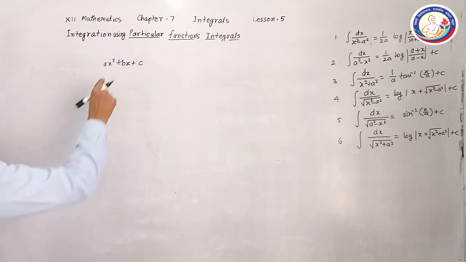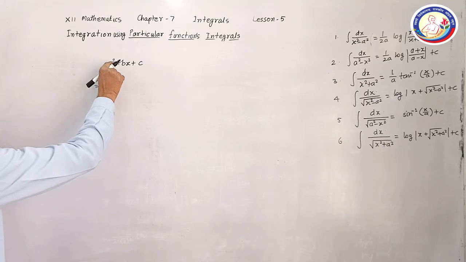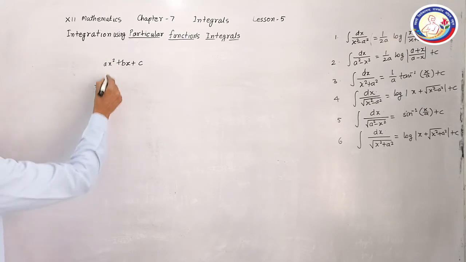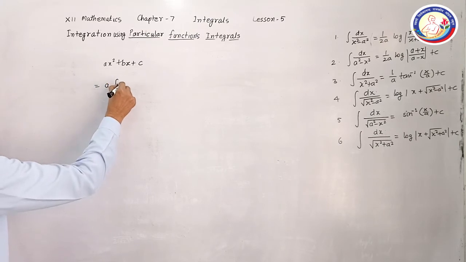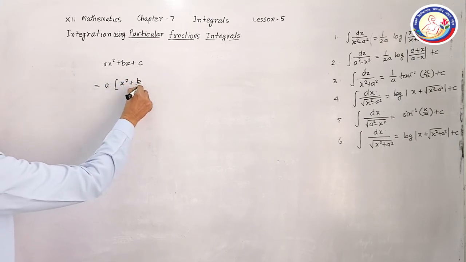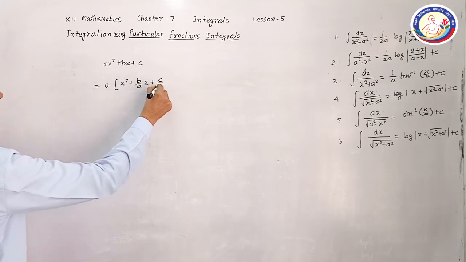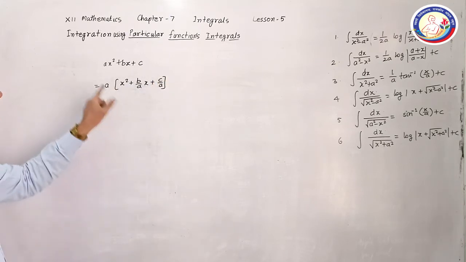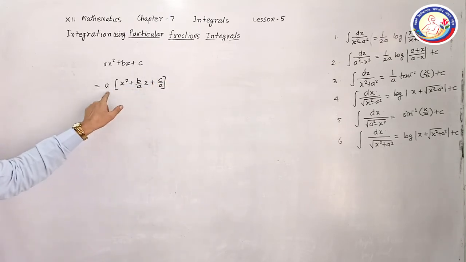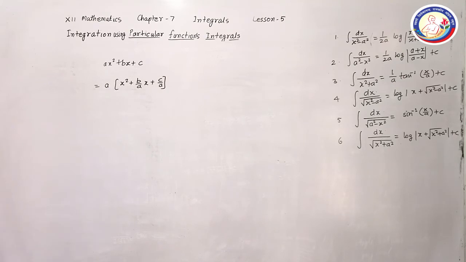So we start with, here we will make the coefficient of x square 1. So take a common, we will get x square plus b by a x plus c by a. If we multiply these 3 terms by a, we will get the same. So it makes no difference.